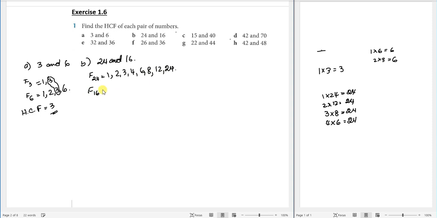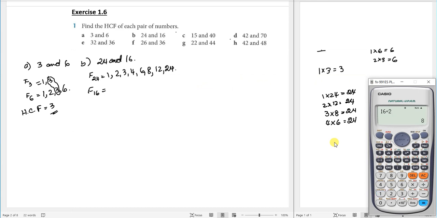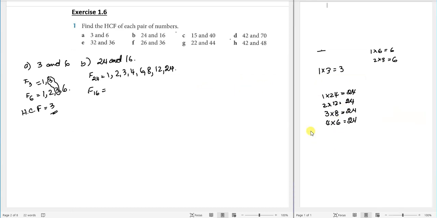Now factors of 16. 1 times 16 is equal to 16. 2 times 8 is equal to 16. 4 times 4 is equal to 16. So we have 1, 2, 4, 8 and 16.